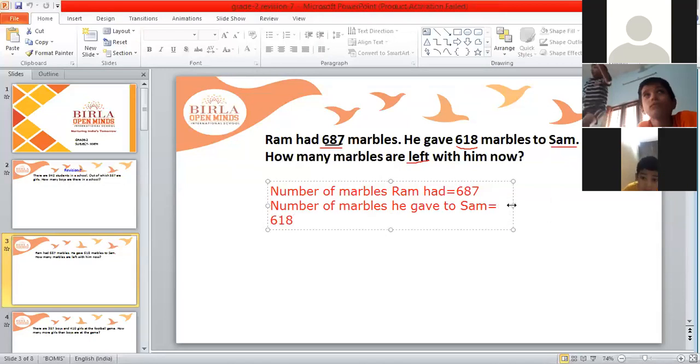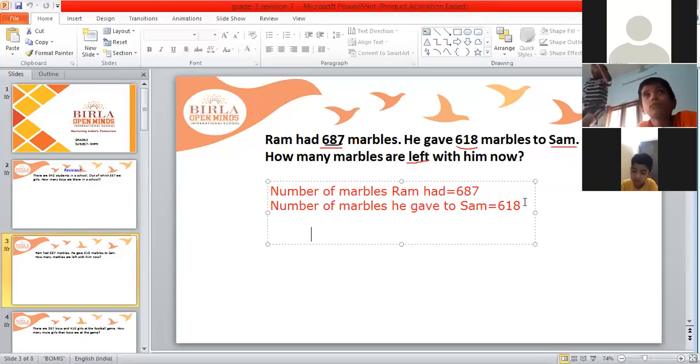Okay. And children, if you don't have sufficient space, you can write this second statement in next line also. As I know your next question will be, ma'am, I don't have sufficient space. Where should I write? So I'm telling you this in advance that if you don't have sufficient space, you can write this second statement in next line.